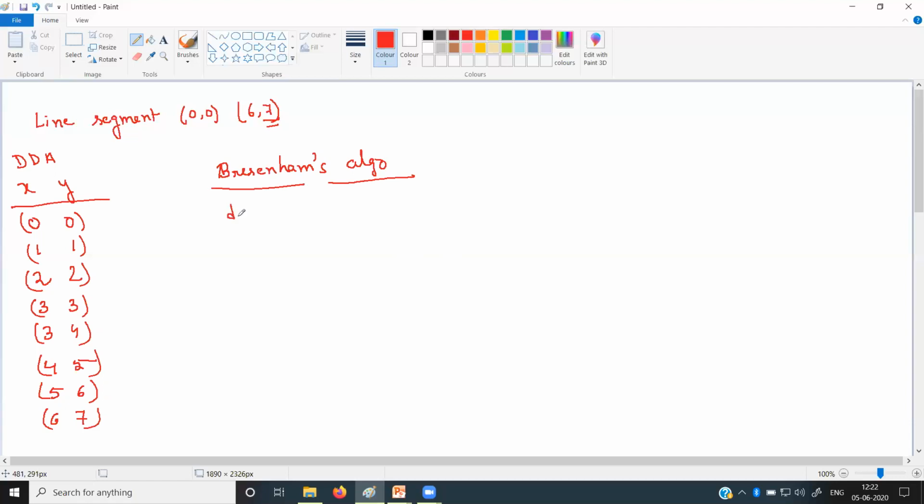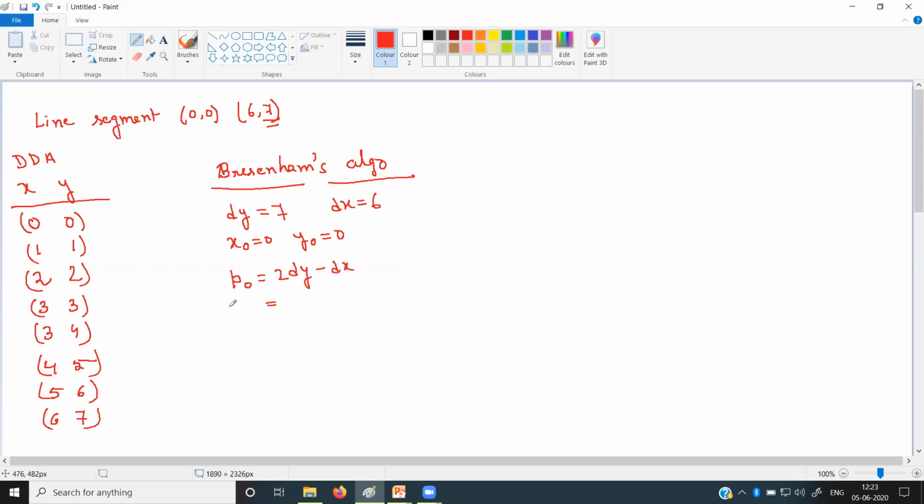So what we will do, we will first compute dy. What is my dy? Dy is 7 minus 0, so it will be 7. And what is my dx? Dx will be 6 minus 0, so it will be 6. My x0 is 0 and my y0 is also 0. And I have to compute the P0. So what is the formula for P0? The formula for the P0 is 2dy minus dx.